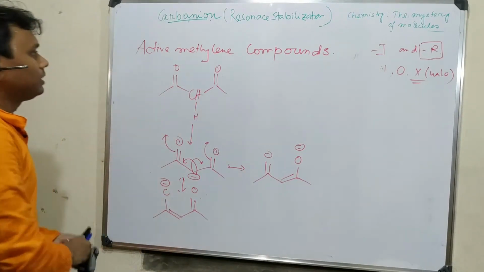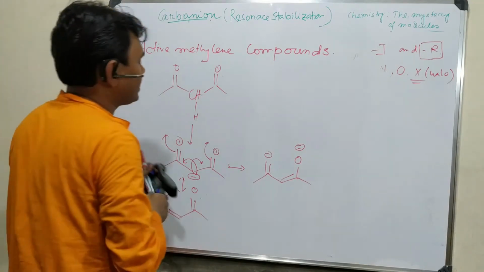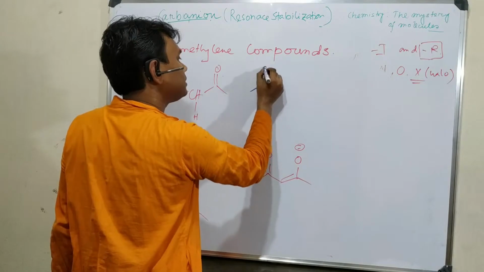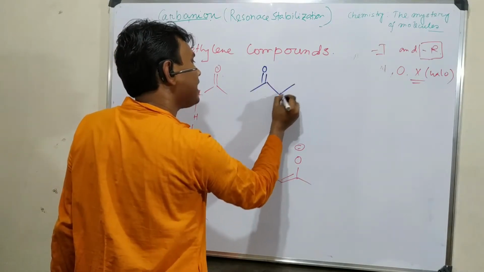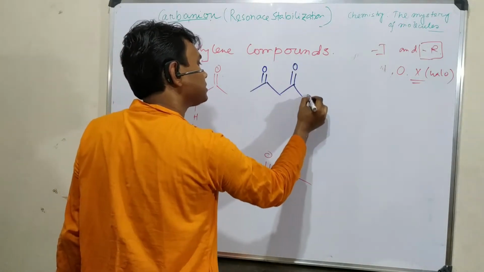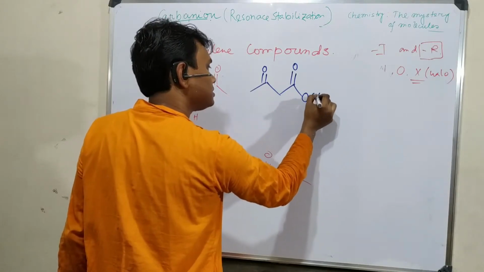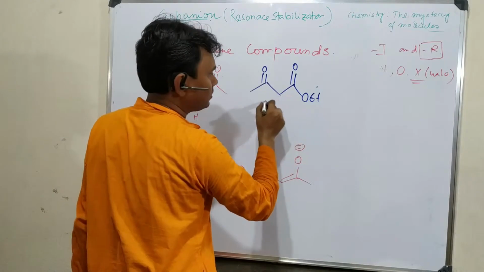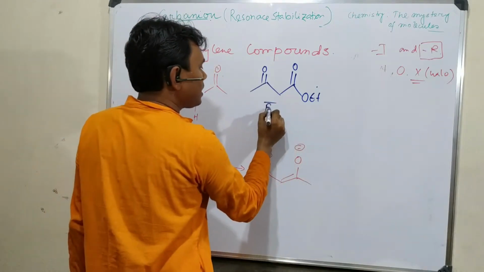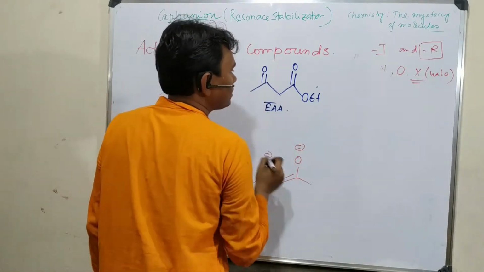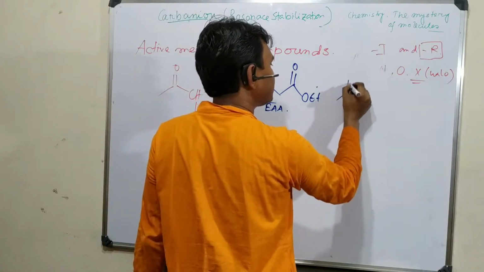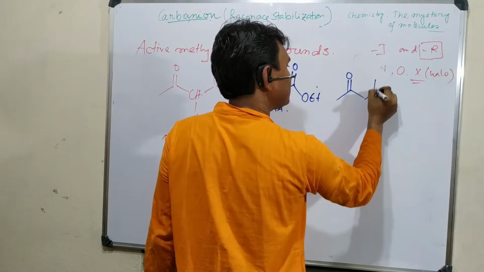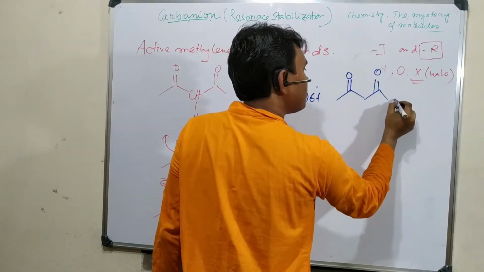There are many active methylene compounds reported. For example, acetyl acetone, ethyl acetoacetate, called EAA, and diethyl malonate. What does this mean?